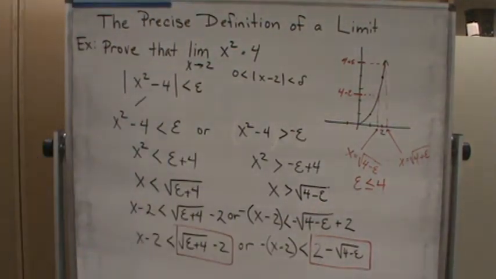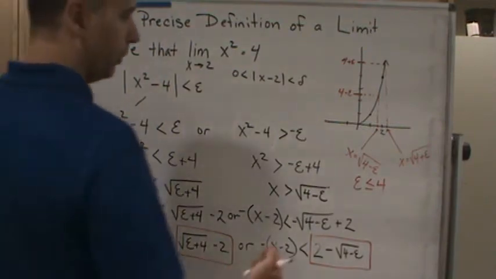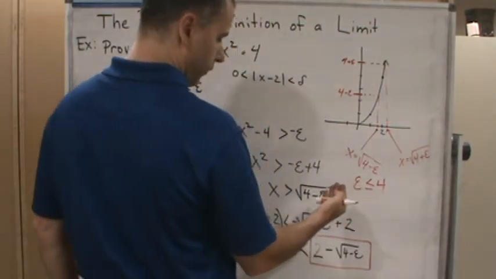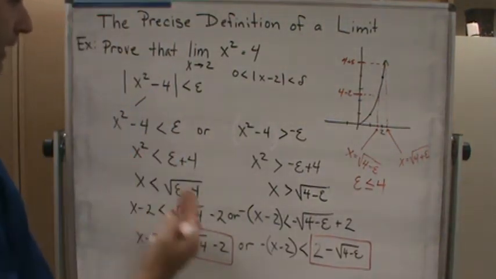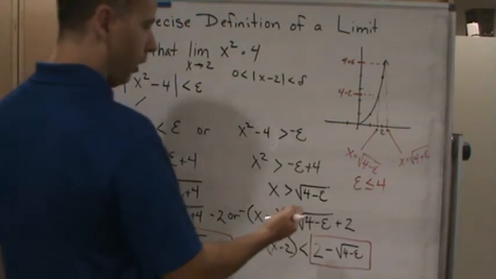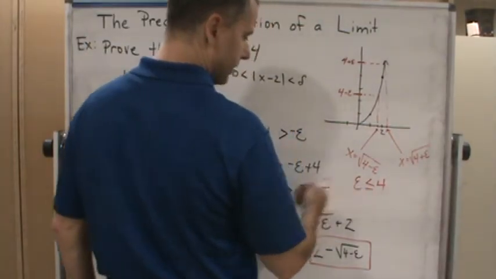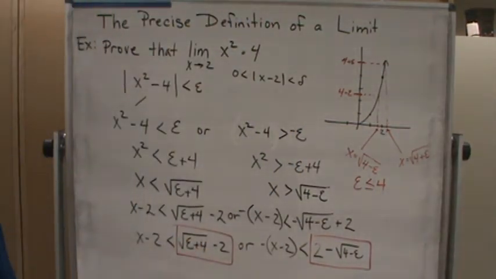And also later on, realize that if we can show that there exists a delta that will make this true for all epsilon that's less than or equal to 4, then obviously it'll be true for all values that are greater than 4.